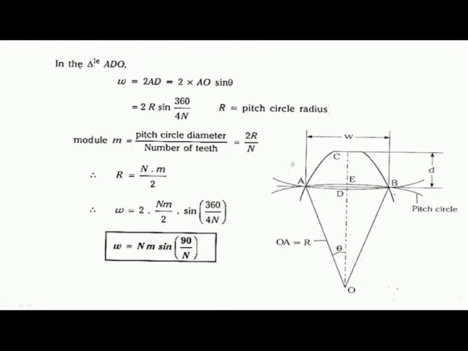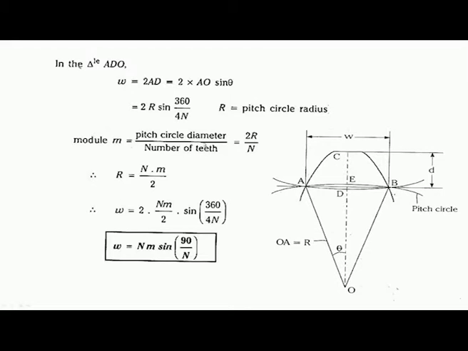Now, from this geometry, from the triangle ADO, we have W equal to twice AD, that is AD plus DB. This is twice AD, which is equal to 2 times AO sin theta.